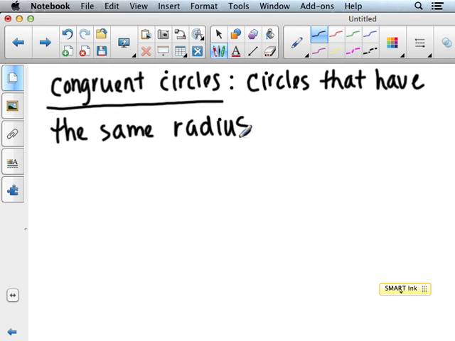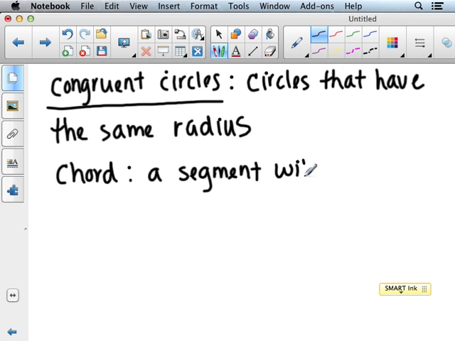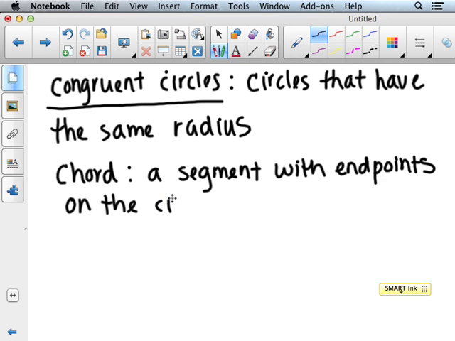Next is chord. So a chord is a segment with endpoints on the circle. A segment with endpoints on the circle.